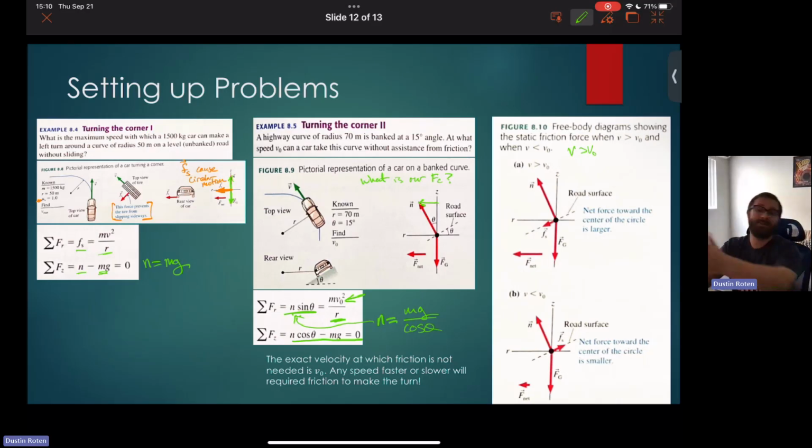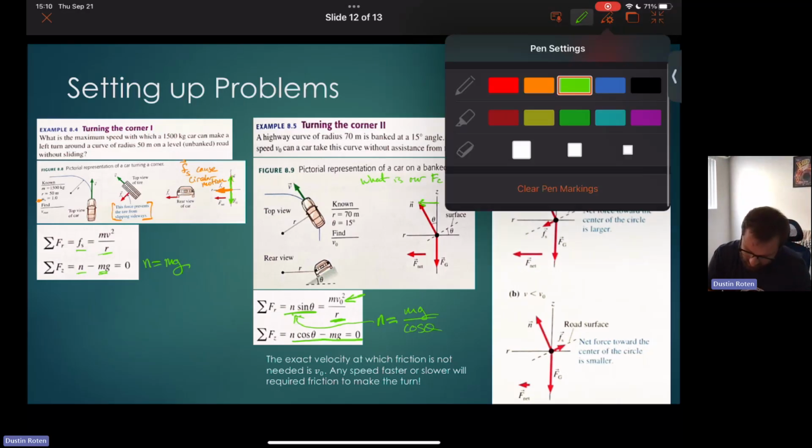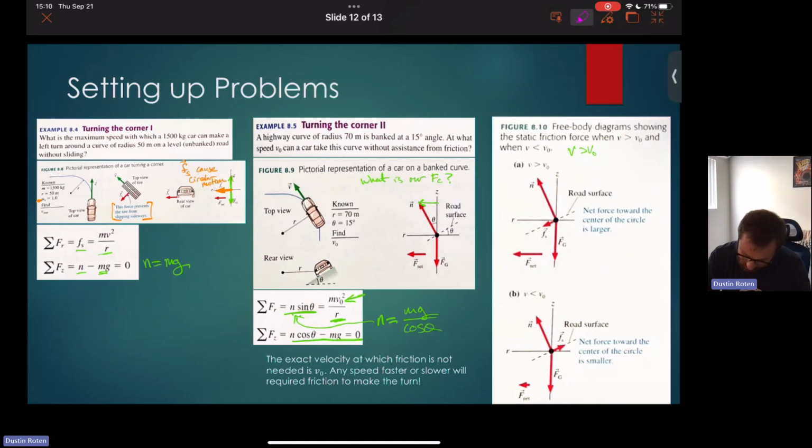If we're going faster than that magic speed, the car is going to want to fly out of the curve. So I'm going to draw in, I'll do a little purple here. This purple is, if we're going faster than the magic speed, the car wants to slip up because we're going too fast, which means friction has to oppose that motion. That's why it's pointing down the ramp.